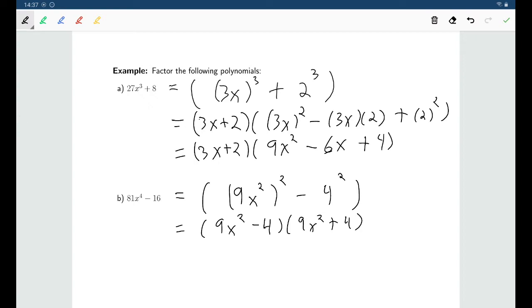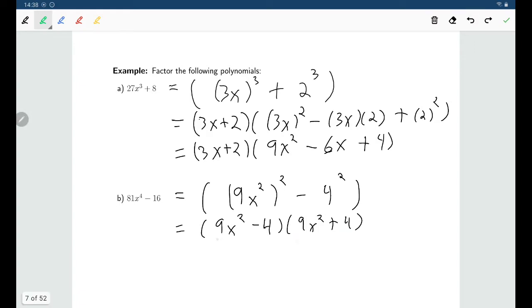And one thing which is going to be true for the rest of our days is that when we're factoring, it's always going to be the question of, are we done? We'll have to ask ourselves, could we factor any of these factors any further? The 9x squared plus 4 does not factor any further. That's one perfect square plus another perfect square, and those sums of squares don't factor any further.